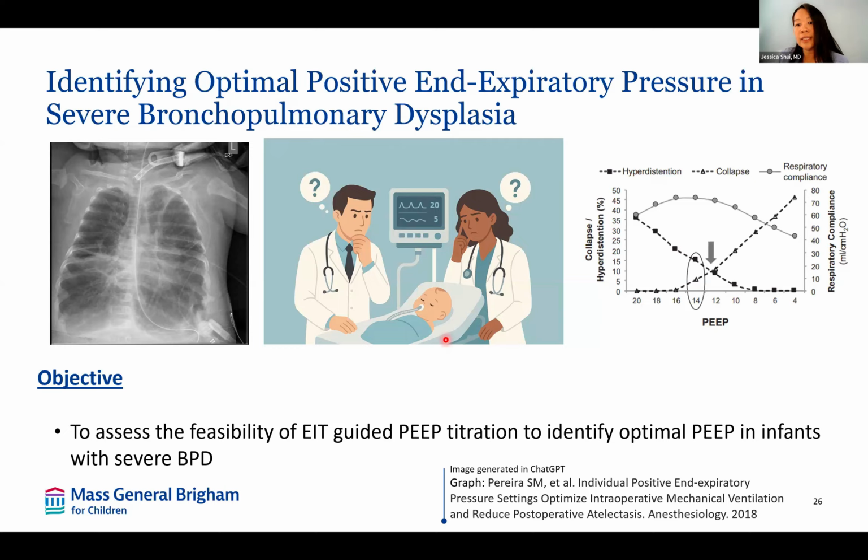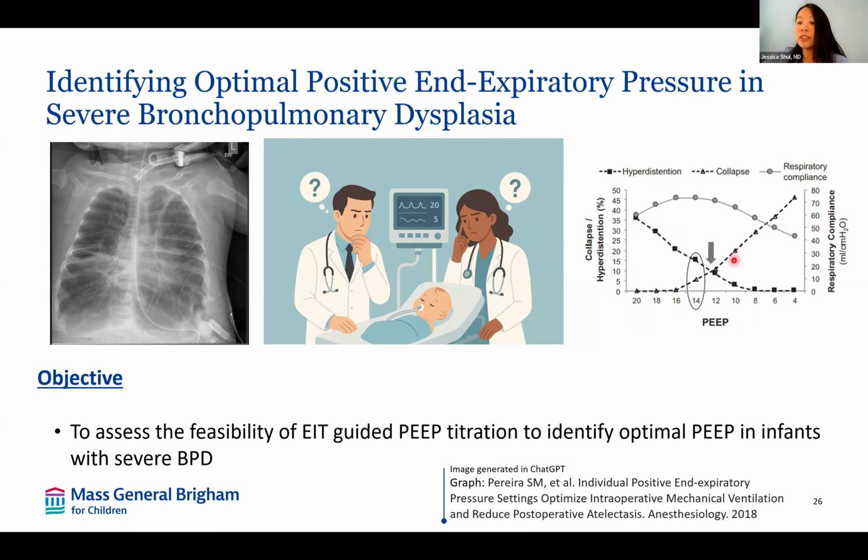And so, looking at the adult literature, they have a method that they've reported called PEEP titration using EIT guidance. What that involves, if you look at this graph here, is that the x-axis shows the different PEEP levels. This black square with the dashed line represents hyperdistension.